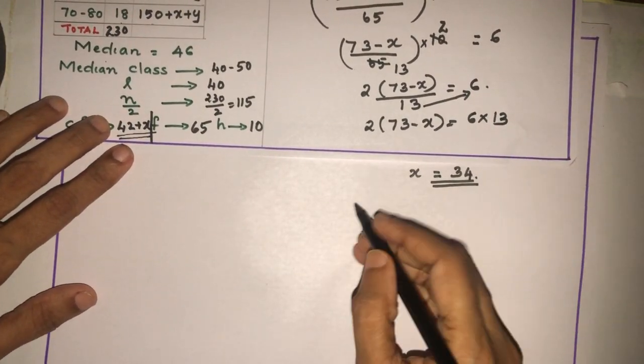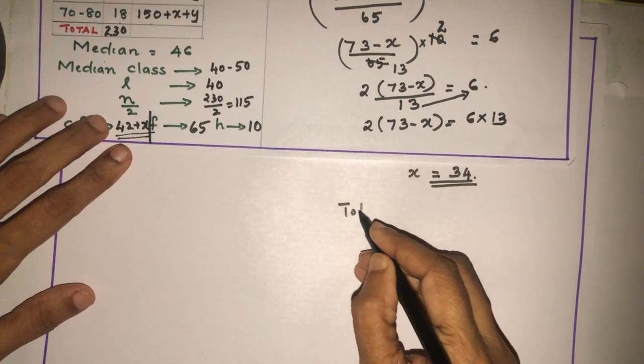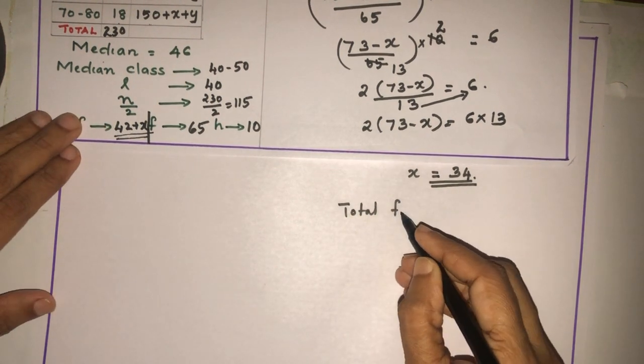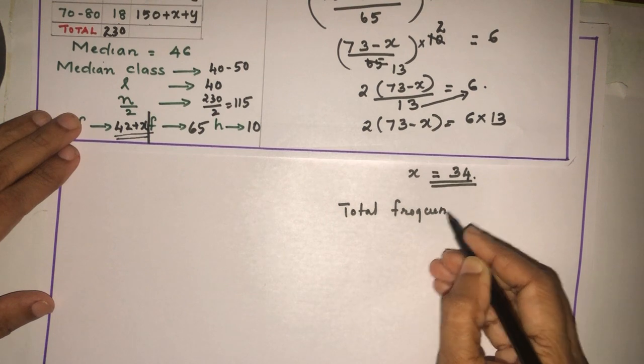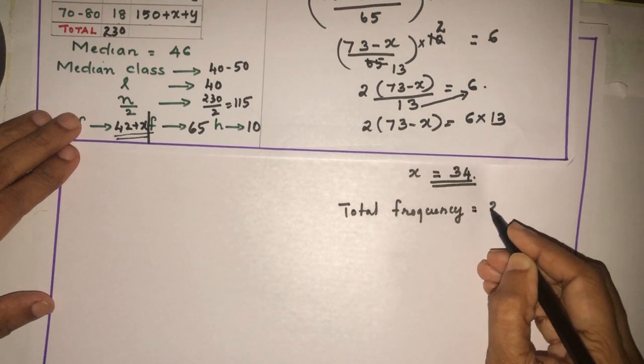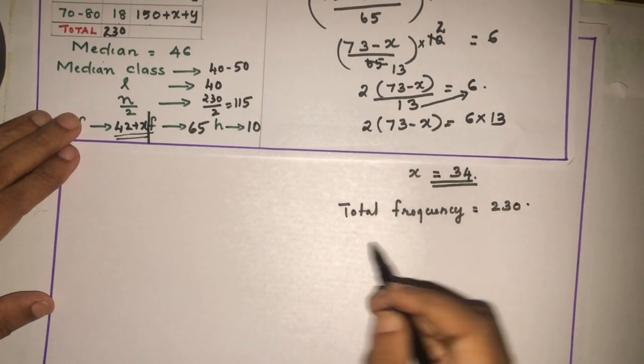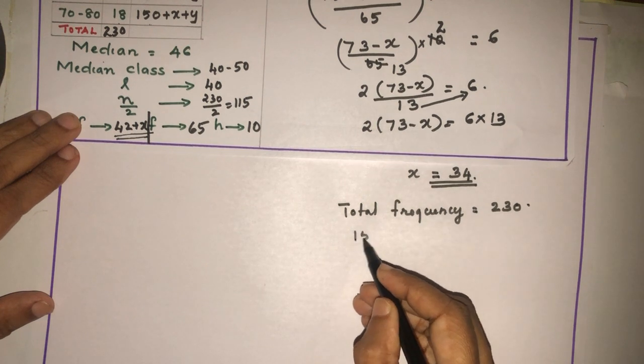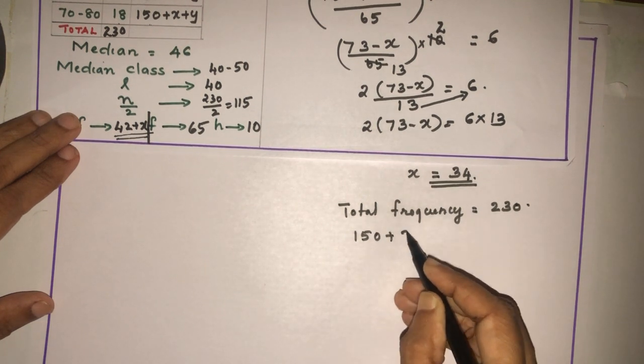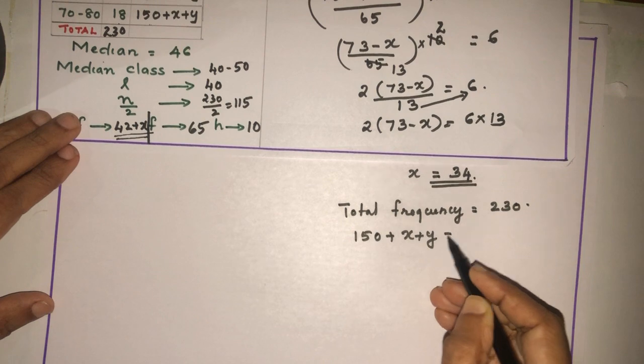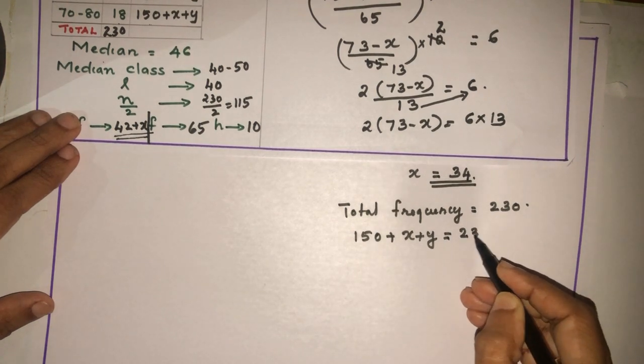So the total frequency is given as 230. What is the total frequency? 150 plus x plus y equals 230.